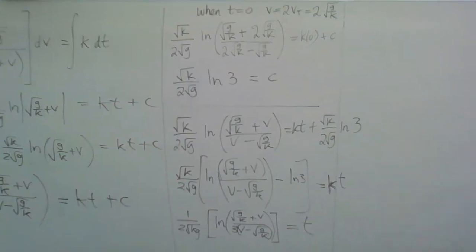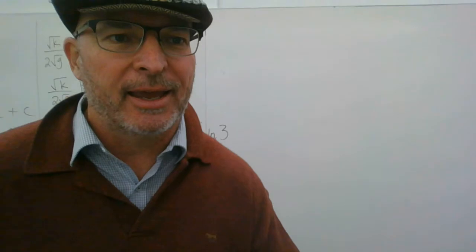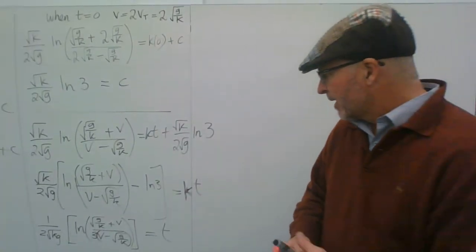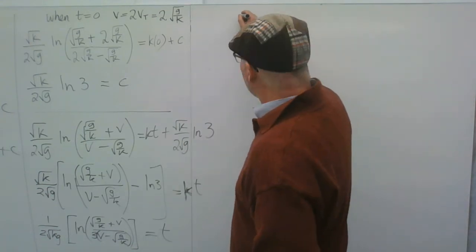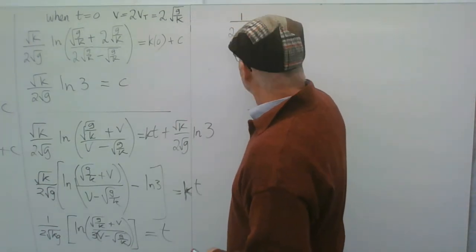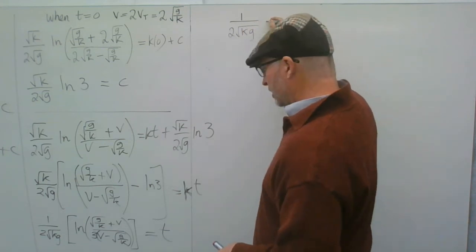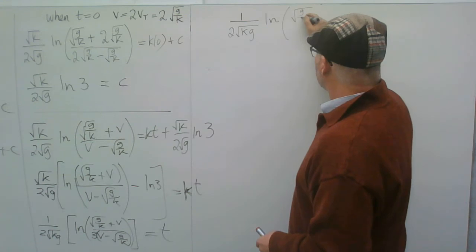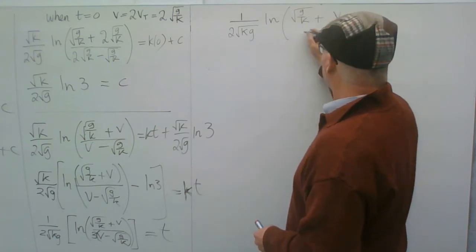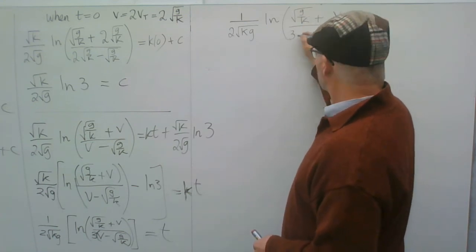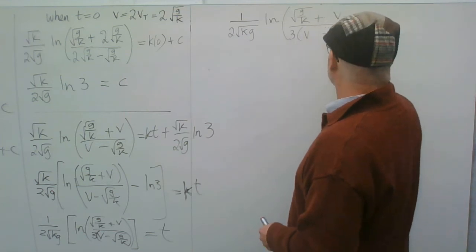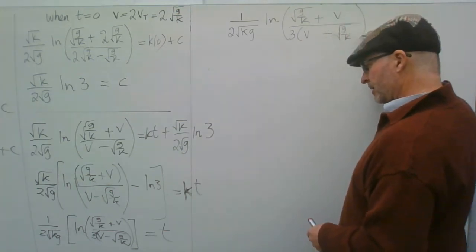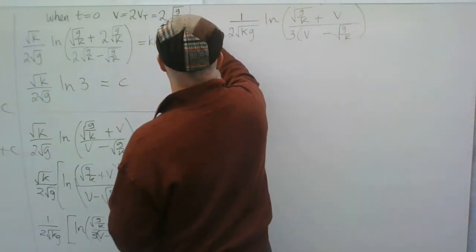So let's see if we've got enough space on the board left here to get this one done. We're running out of room, but we can get there. So our equation is 1 on 2 root k times g, natural log of root g on k plus v, and then on 3 times v minus root g on k, which is equal to t.